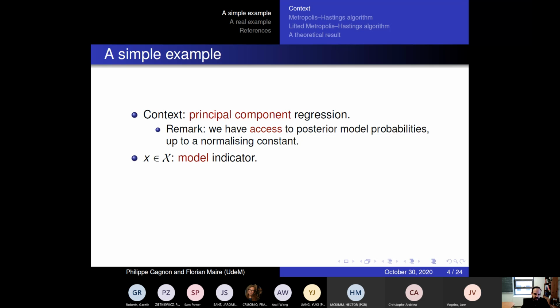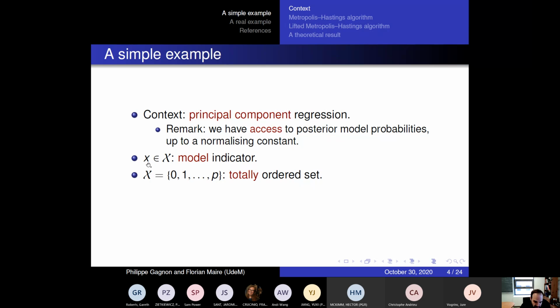In this case, I will denote by X the model indicator. For X fixed, it tells you which model you are looking at. In this case, X is a totally ordered set.